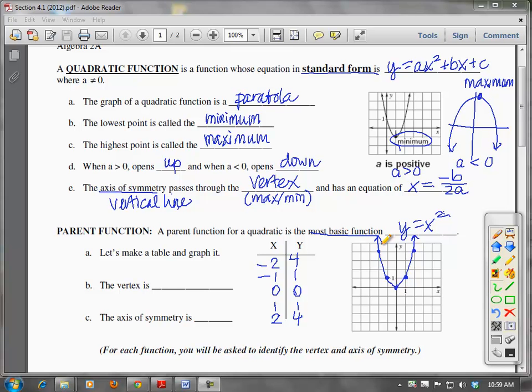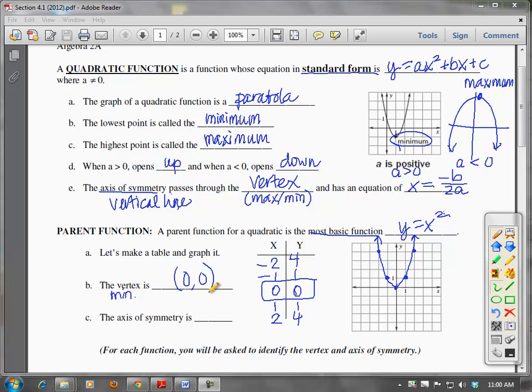Okay? Now, the vertex we said was like the maximum or minimum. In this case, our vertex is a minimum because it's the lowest point on our graph, and that occurs at the point 0, 0.